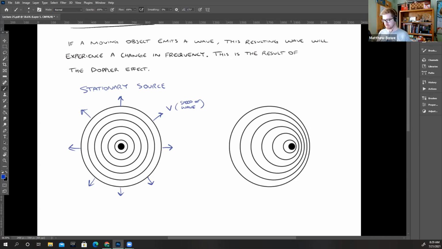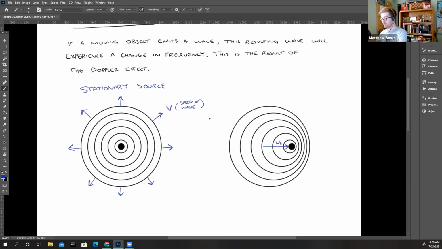Since this car is moving, how do I want to draw this arrow? We'll put it like this. So since the source is moving, I'm going to call that U of S. Now, I know we've typically been using V for the speed and the velocity.